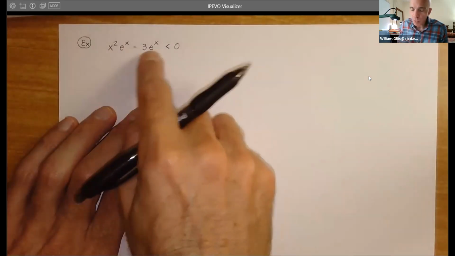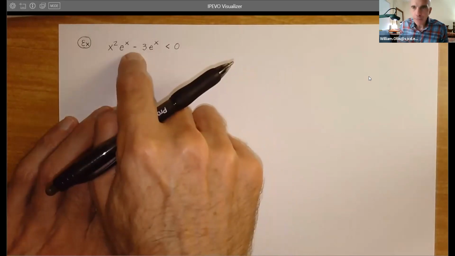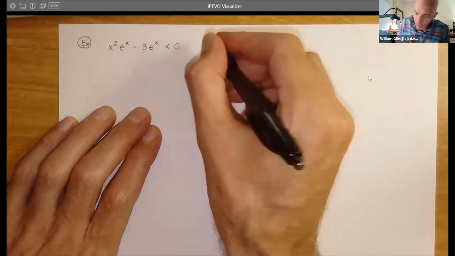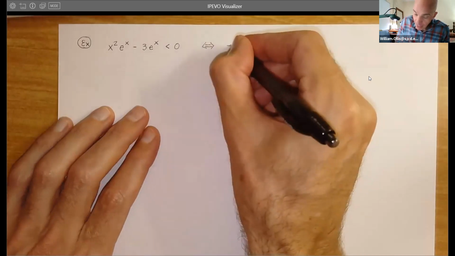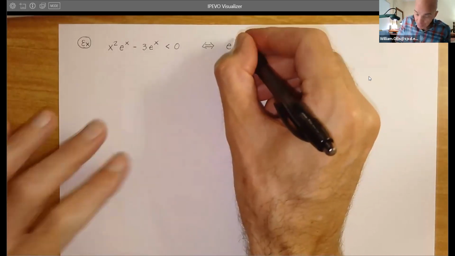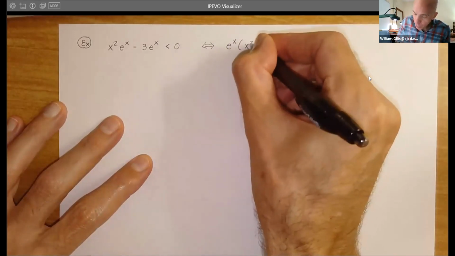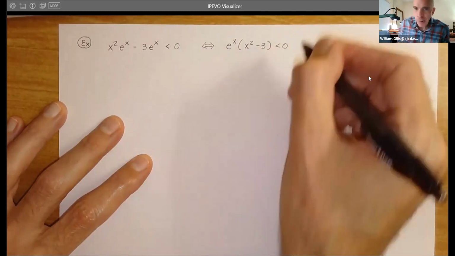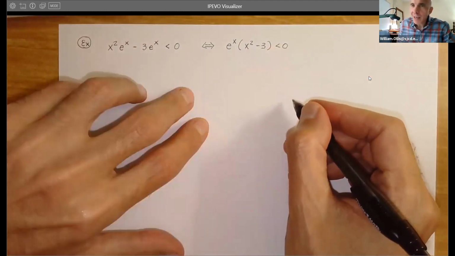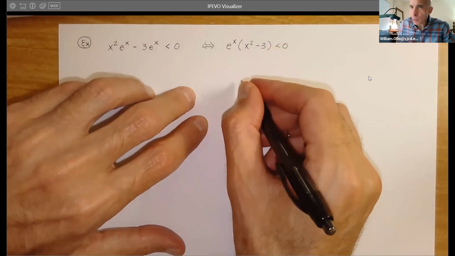So the first thing we look to see, well, we have a 0, and then we can factor the left-hand side. So let's factor this and see what we get. So we have e to the x times x squared minus 3 is less than 0. Now, again, some of you are afraid of complete factorization.